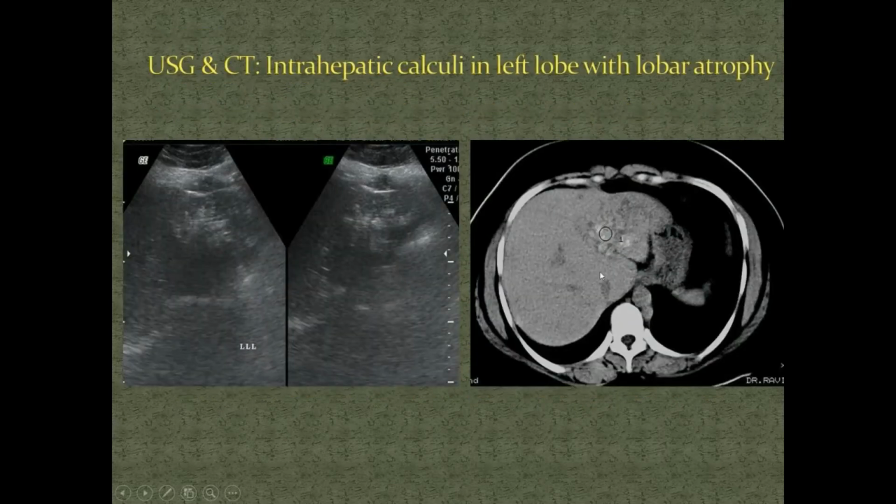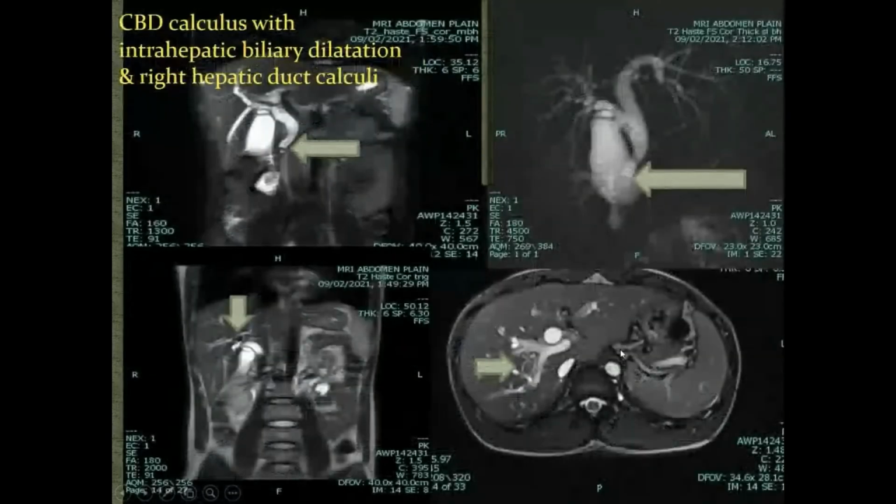So this is a case of recurrent pyogenic cholangitis where the left lobe is involved. You can see multiple intrahepatic calculi, same on CT, with some lobar atrophy. Another case where there is a distal CBD stone as well as multiple stones in the right hepatic ducts, with dilatation of the right and left hepatic ducts.